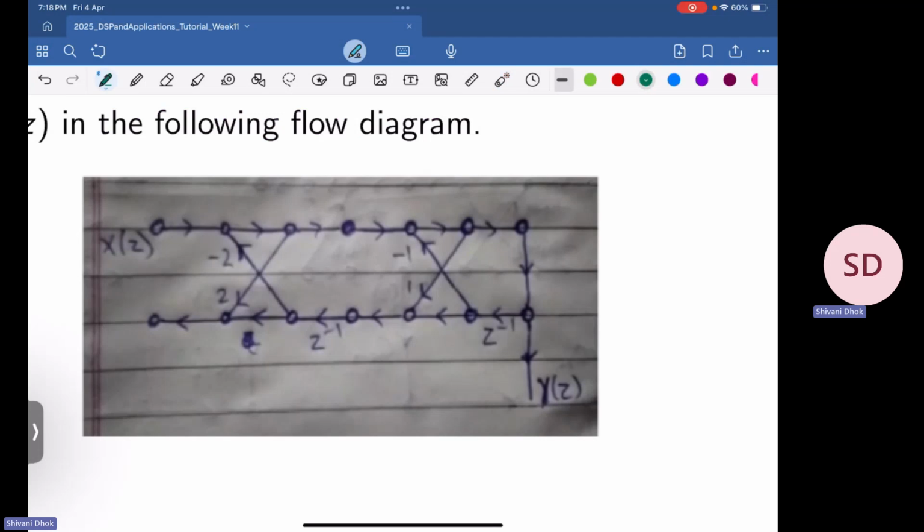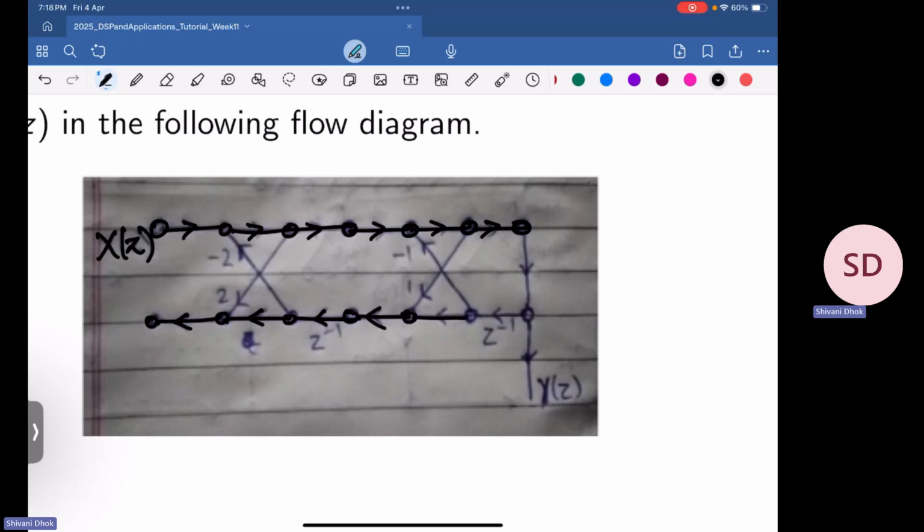If you observe carefully, this is a lattice type of structure. And we have X of Z here. Then this gets here, here, here, like this. And then we have something like this. We have a feedback kind of thing.